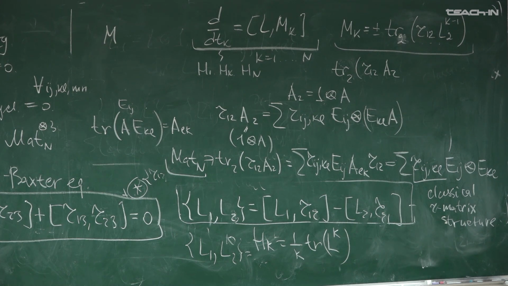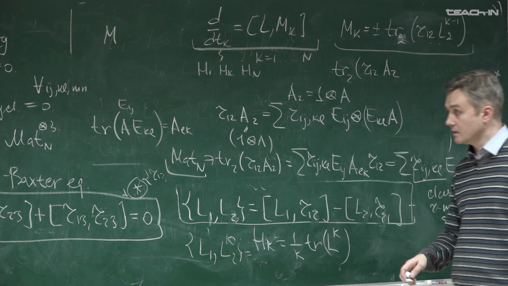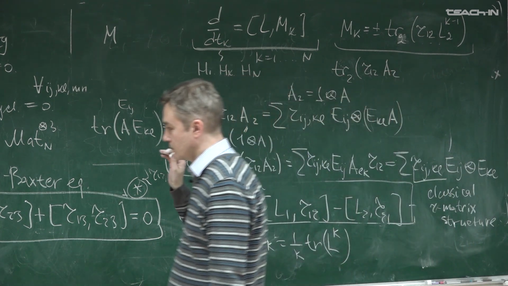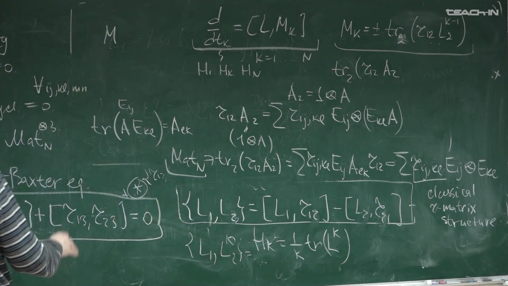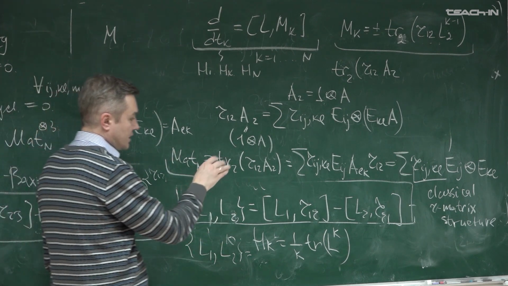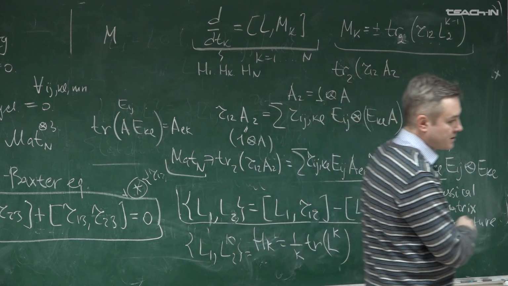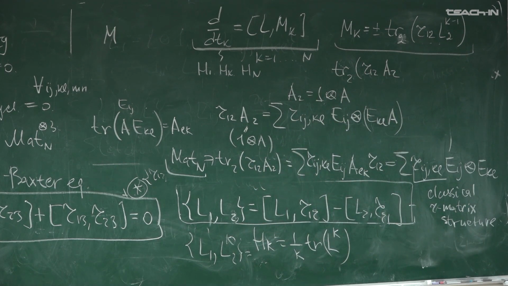But even if you have some candidate for the Lax matrix, you can't be sure that you will find a matrix which gives you correct equations. What I'm saying right now is that if you have the classical R matrix, then there is no problem. So M can be found easily.